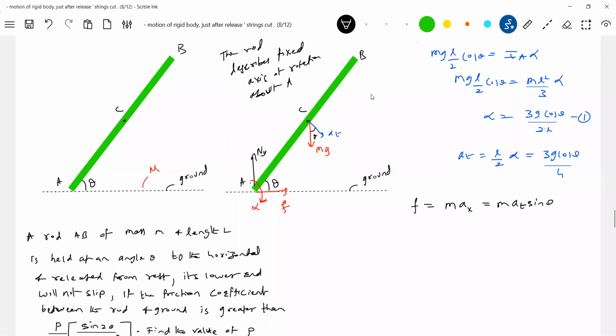And what is F? F should be equal to mu N. And the AT value we know. I'll write it here, mu N. AT value is 3g by 4 cos theta sin theta. So this is equation 3.